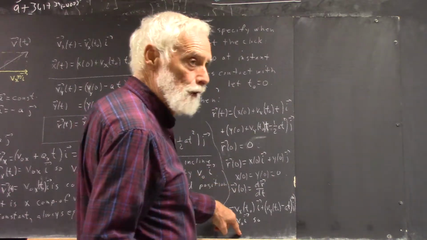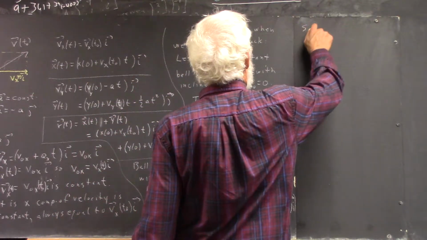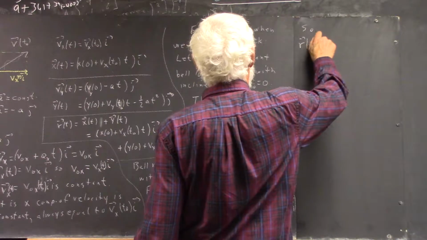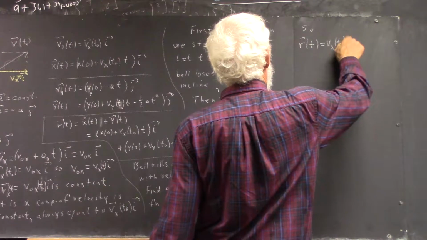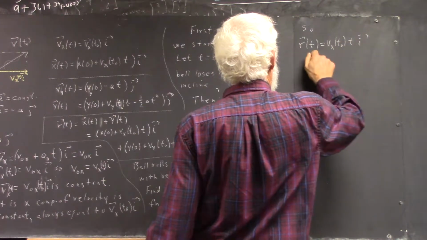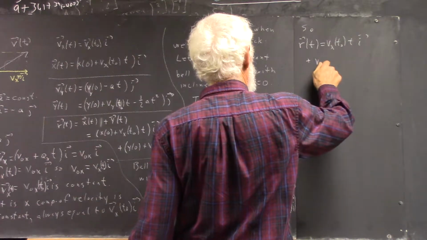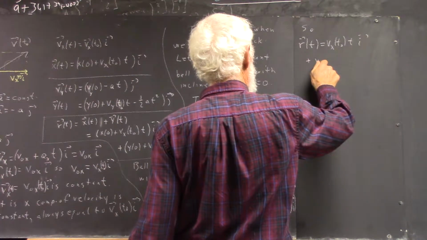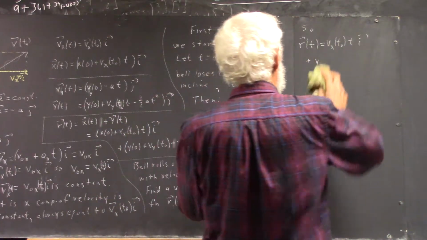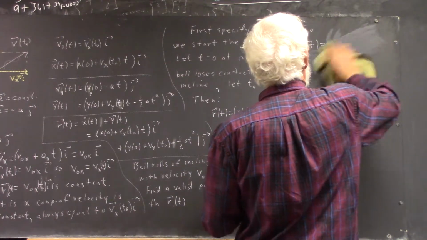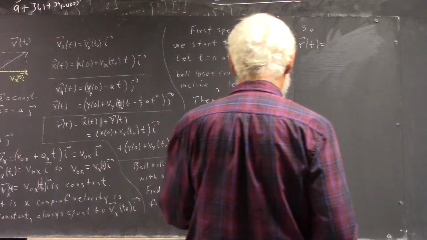And v of 0 is v naught i, right? So we can rewrite this thing. It is Vx of t0, but we just determined that Vx of t0 is V naught i, or that V of 0 is V naught i.